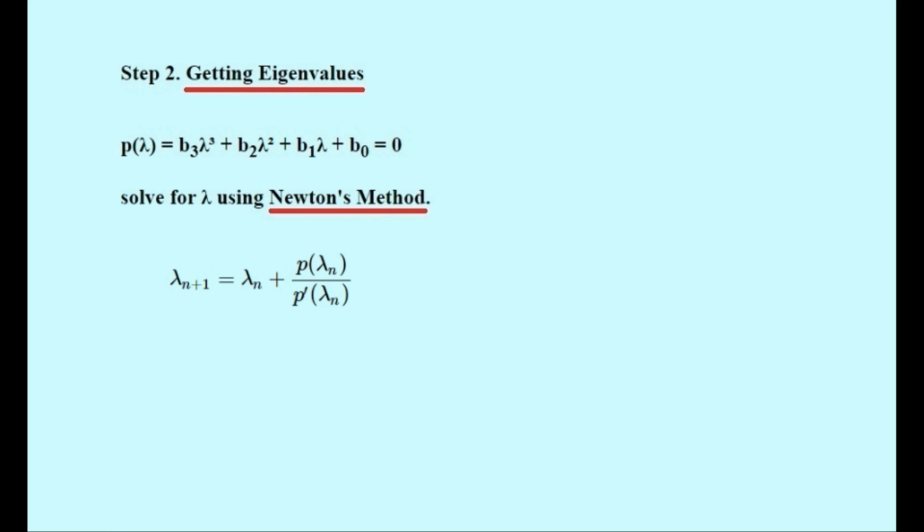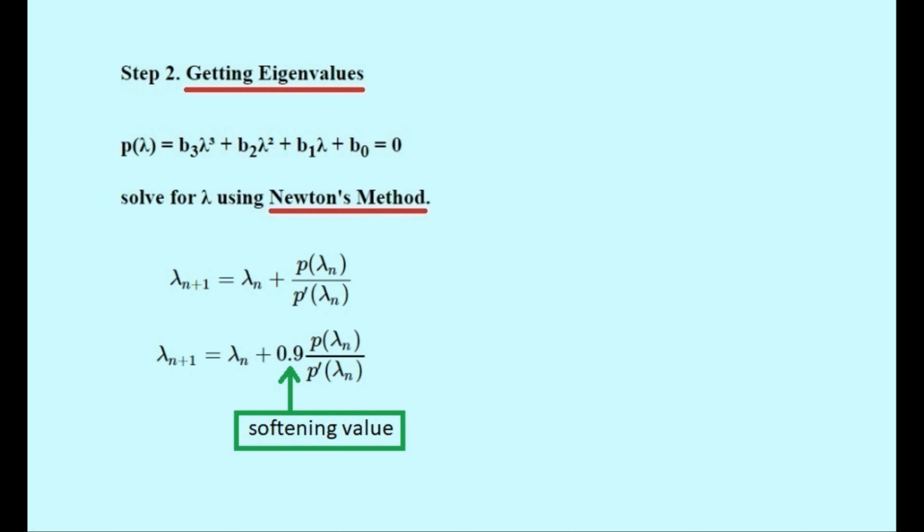We'll find it using Newton's method, but Newton's method isn't guaranteed to converge. We'll use two tricks to make it more certainly converge. Firstly, we'll use a softening value to stop overshoots from steering us away from the root. It can be any number between 0 and 1, but 0.9 is a good value to use.